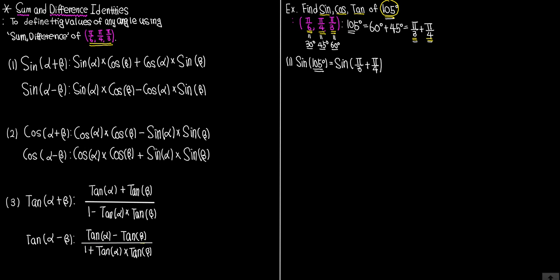Now we're in a situation with the two special angles that we notated as alpha and beta when explaining the sum and difference identities for sine. So this is the sine sum identity. If you calculate the sine of pi over 3 plus pi over 4, simply think of pi over 3 as alpha and pi over 4 as beta.